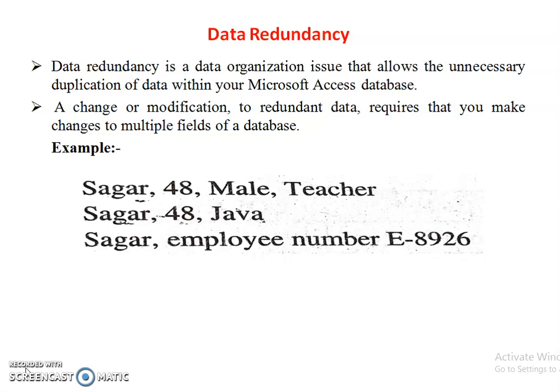Now see in this example, the name of the employee is repeated 3 times while the age is repeated 2 times. This type of database is inefficient and people go to great lengths to avoid it.